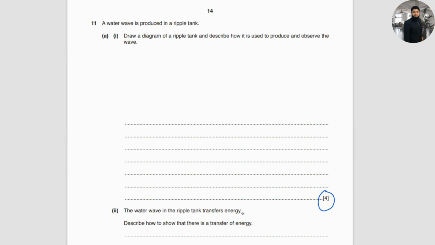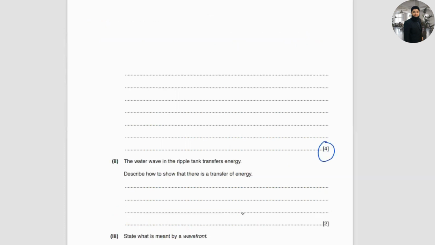We can observe the pattern of the plane wave fronts moving through the screen. To have spherical wave fronts, we will have a spherical dipper connected with the motor that will move up and down to create disturbance in water. So this is the whole explanation, or you have to write it yourself.